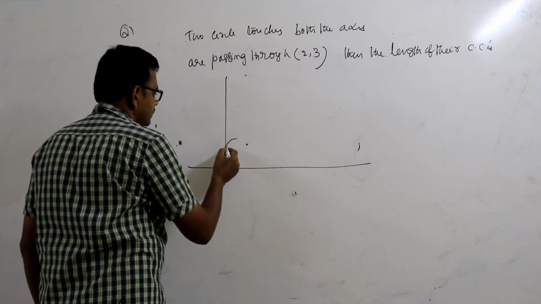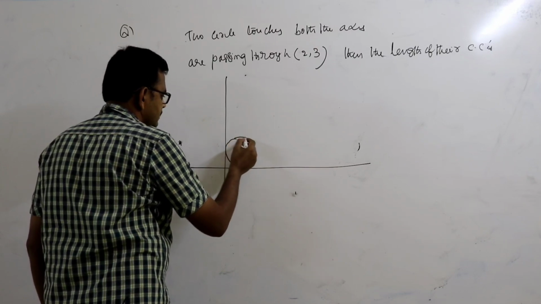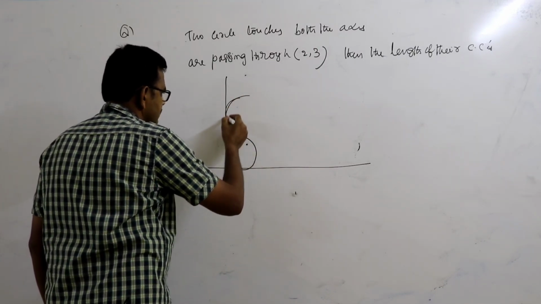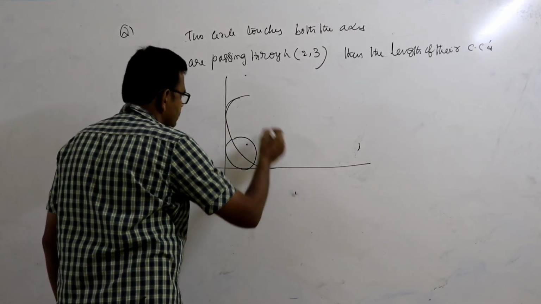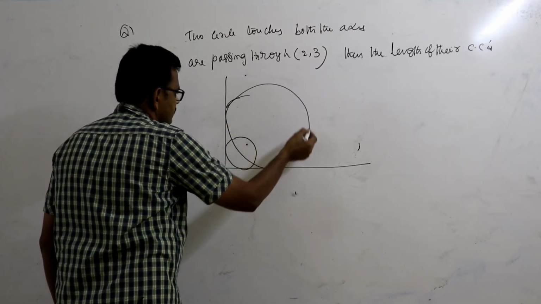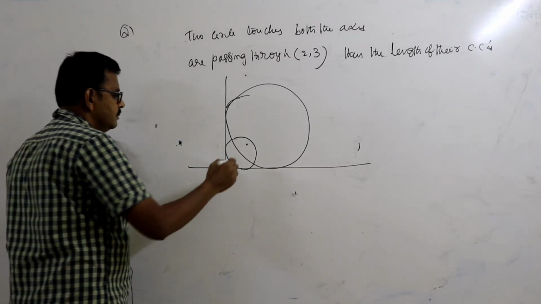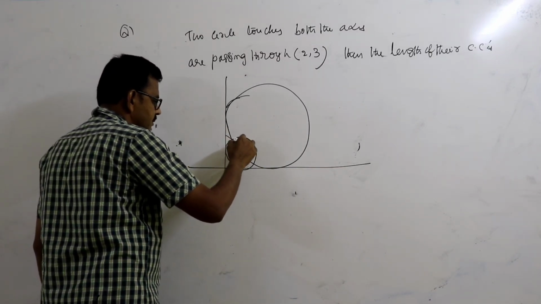So this is one circle which touches both the axes, and this is another circle which touches both the axes. We have to find the length of the common chord.